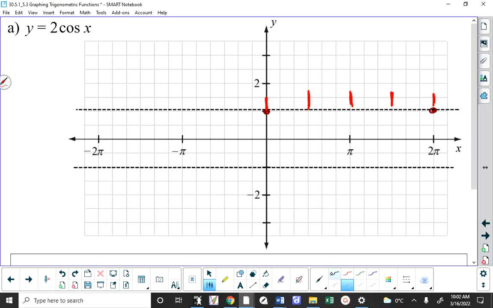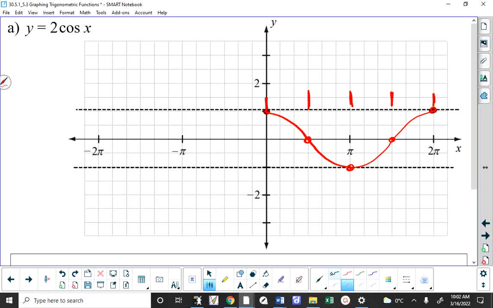And you would say cosine starts here going down, so it's going to hit the x-axis here. It continues down. It's going to hit the lowest point here. It goes up. It's going to hit the x-axis here, and it goes up. And this is cos of x. You don't just draw it with straight lines. You draw curves. Curvy, curvy, curvy, curvy. That's cos of x. Okay?